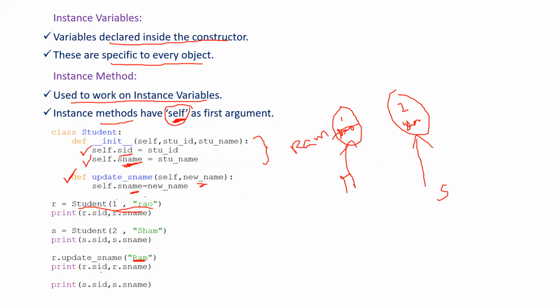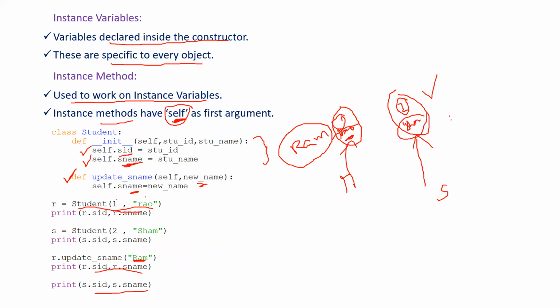Now observe r.sid and r.sname, which means r.sid is 1, r.sname is Ram. Even though I updated the value of Rao here, it won't reflect here because the objects are very specific. Now see s.sid and s.sname. s.sid will be 2 only and s.sname will be Sham only.